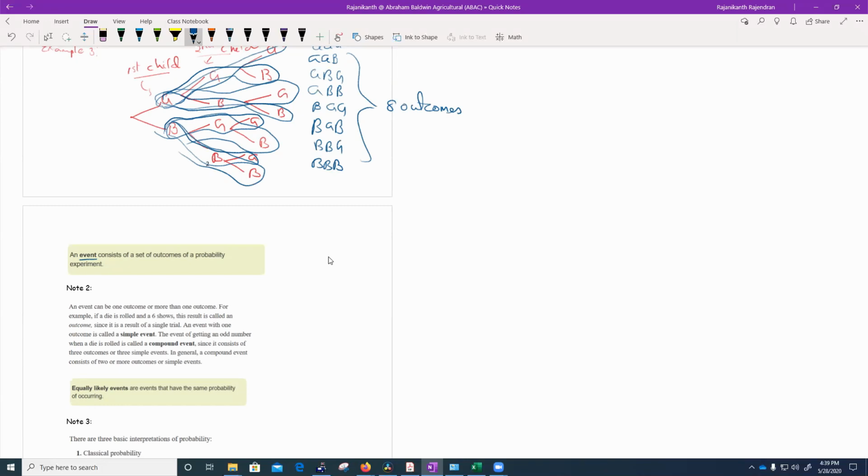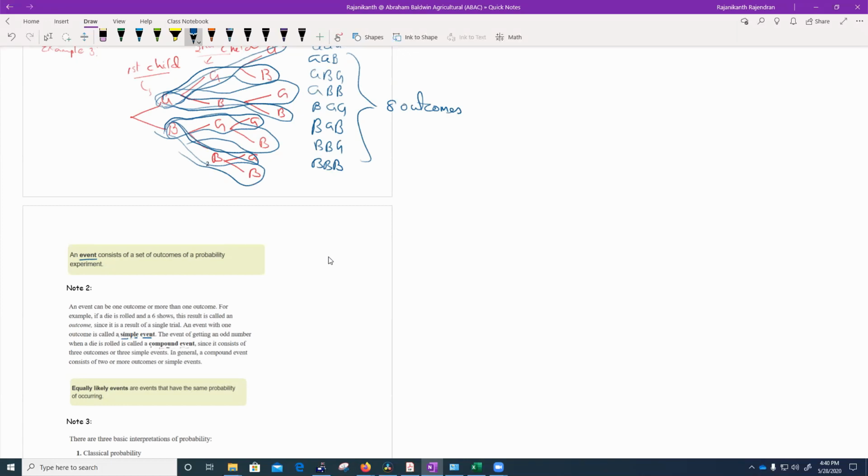The event may be a simple event or a compound event. If you have only one outcome, that is called a simple event. If you have more than one outcome and you are combining them, that is called a compound event.